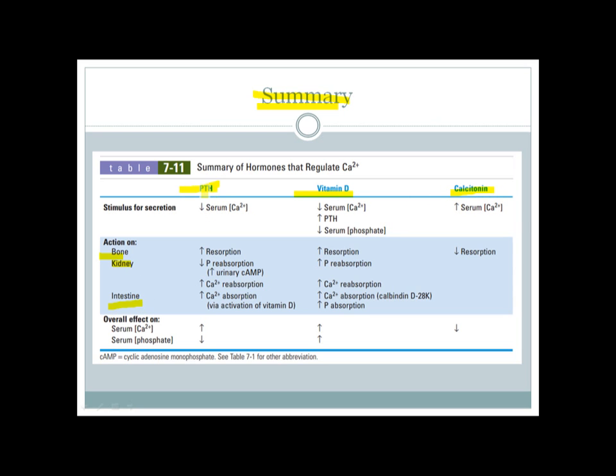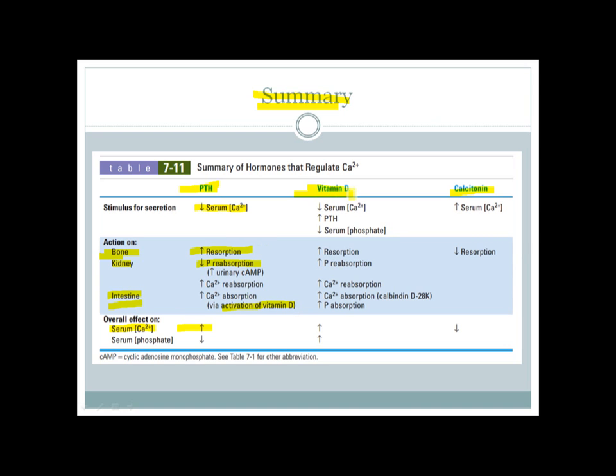Parathyroid hormone is secreted whenever you have a low calcium level, and this will ultimately result in an increase in calcium level through action on bone by increasing resorption, action on kidney by increasing reabsorption, and indirect action on intestine by activation of vitamin D.